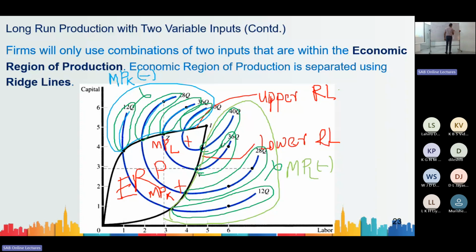For any horizontal line, what is the slope? The slope is 0.